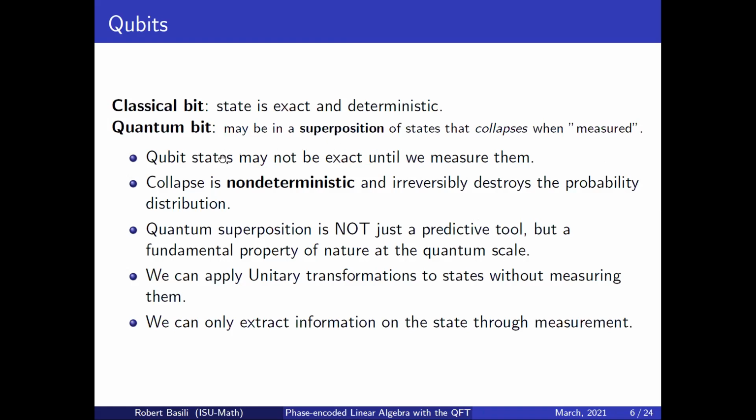Okay. So qubit states may not be exact until we measure them, and their collapse is non-deterministic. That is, when we measure them, we irreversibly destroy the probability distribution, and we can't go back. It's not a reversible process. It's important to understand that this quantum superposition is not just a predictive tool we use in physics, but reflects a fundamental property of nature at the quantum scale.